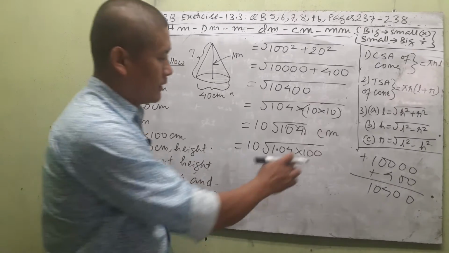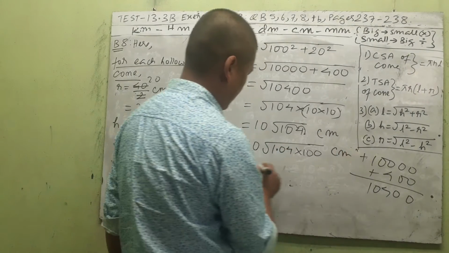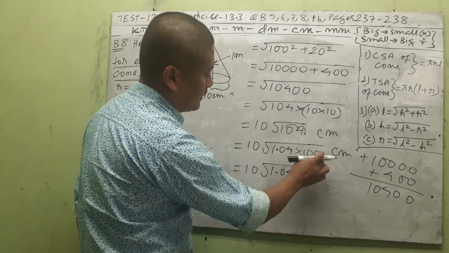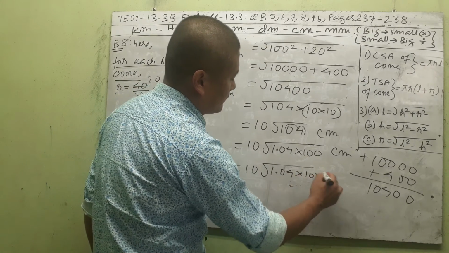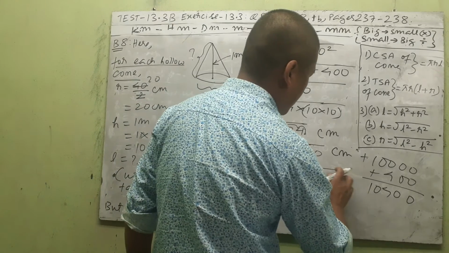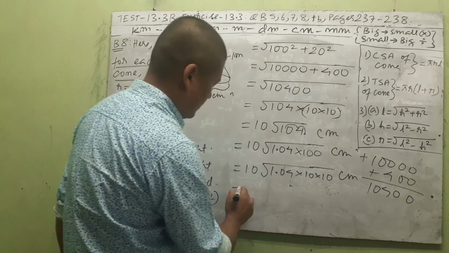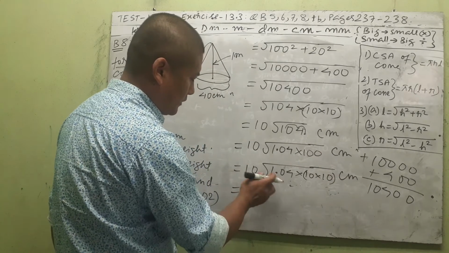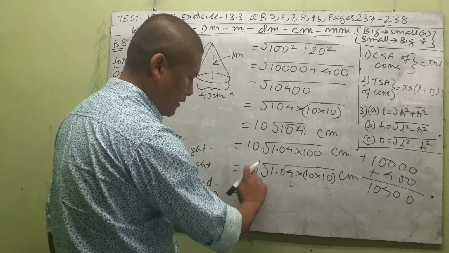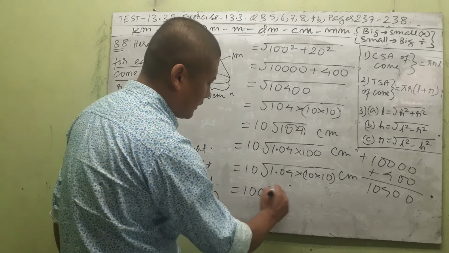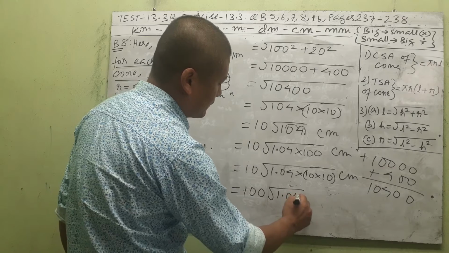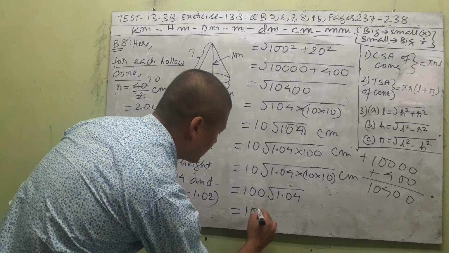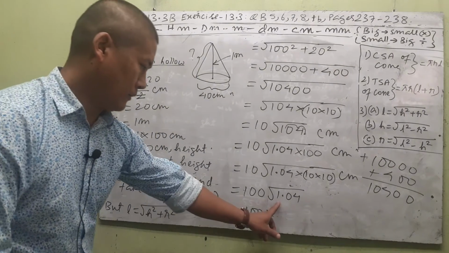Make use of it. This centimeter will be outside. Then again root over 1.04, this one same. And so we said 100 can be written as 10 into 10, so this double 10 will again come out of the root as a single 10. So 10 into 10, that 10 coming out multiplies this 10 to become 100. Root over 1.04. So that will be equal to 100 into root 1.04.